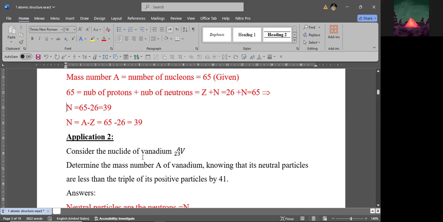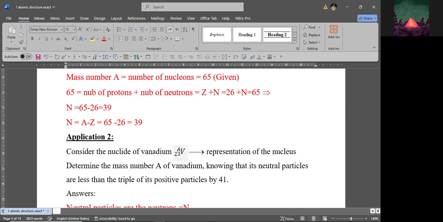Another application. Consider the nuclide of vanadium, V, with 23 and A. This is the representation of the nuclide, the representation of the nucleus.